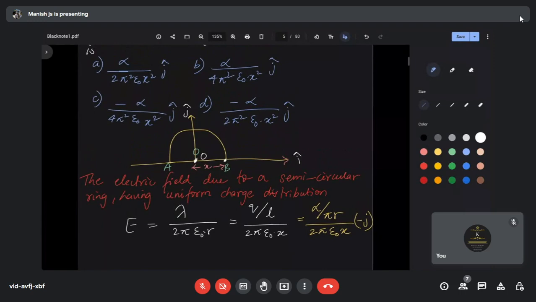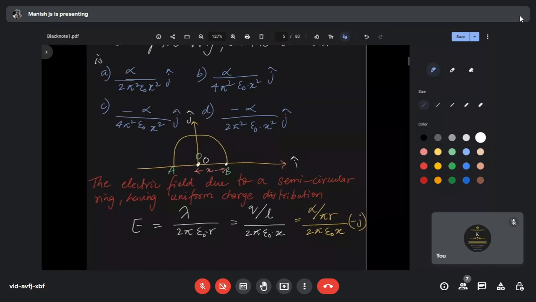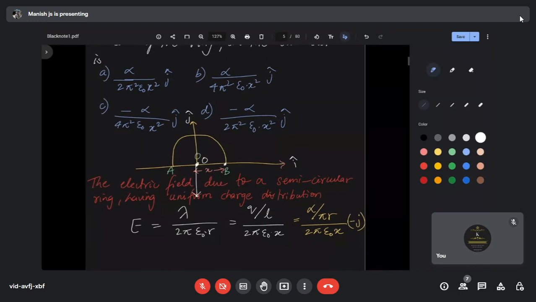Minus j cap. Minus j cap வந்து இப்போ, whenever you are representing the semicircular ring, whenever you find out the electric field, how do you find out the direction? So the direction of electric field, it is due to the semicircular ring, it is away from the ring in the negative j cap direction தானே. It is acting here in the opposite direction.